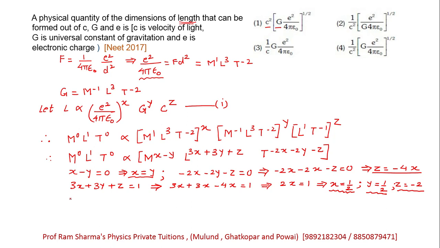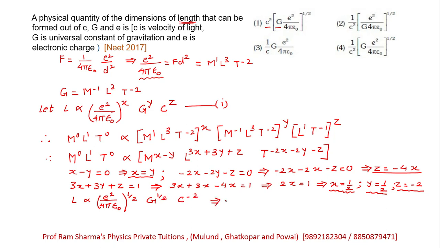If I substitute in equation number 1, I will get L is proportional to (e² upon 4πε₀) the whole raised to half, G the whole raised to half and c the whole raised to −2.